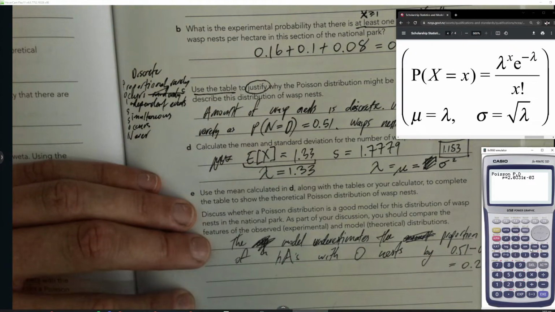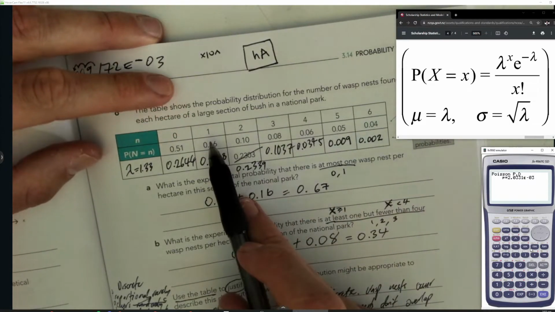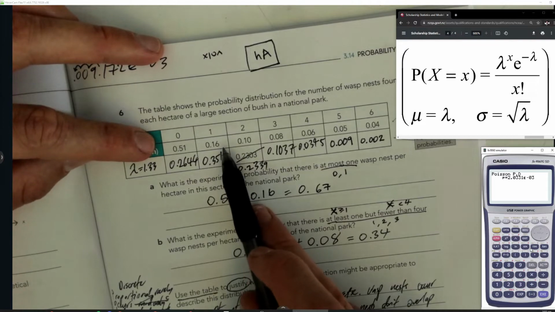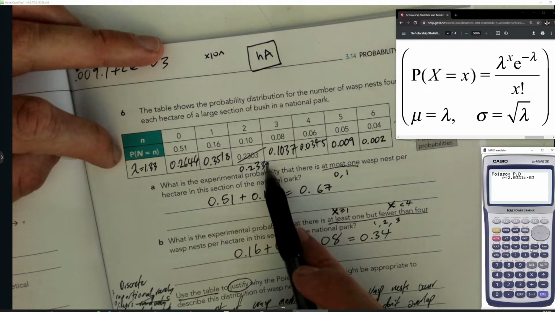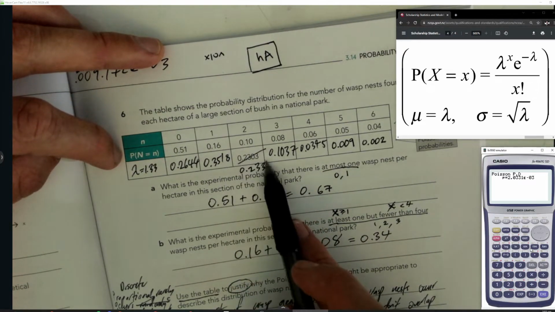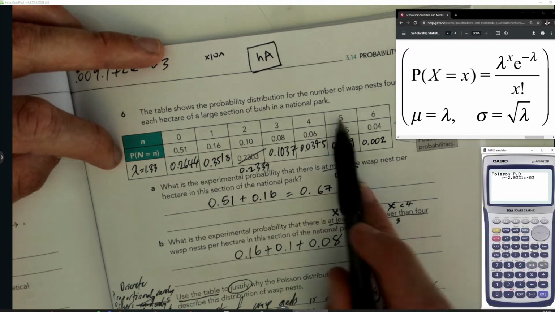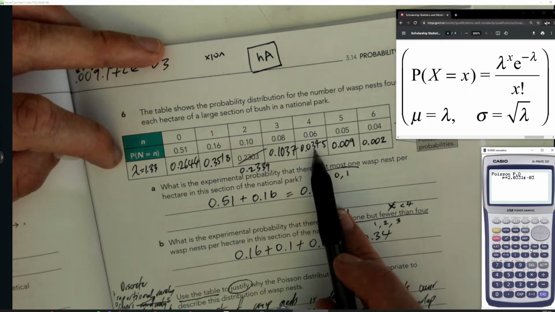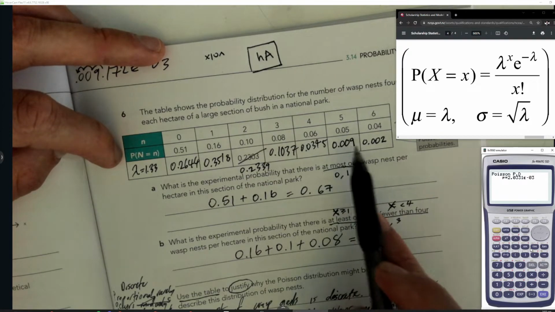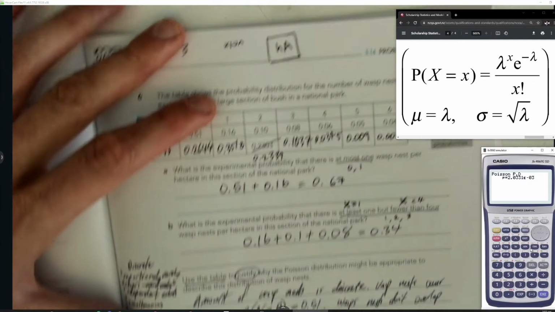And then from there the model always overestimates, or nearly, but not quite. I kind of wanted to make a blanket statement that the model then overestimates for every other amount of wasp nests, because it does on 1, 2, 3, but then it doesn't on 4, 5, and 6.